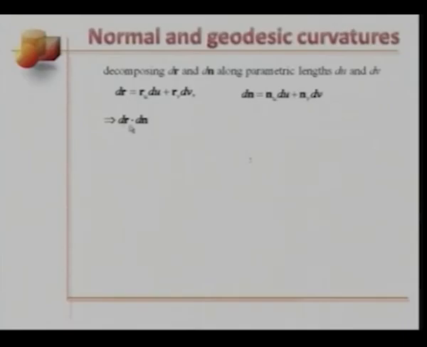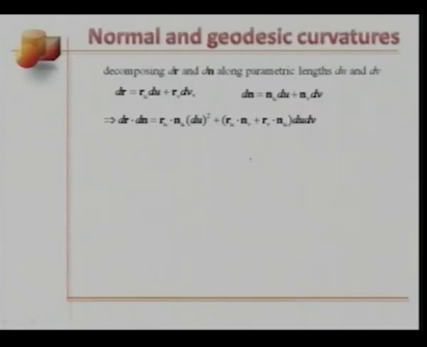Now dr dotted with dn, the numerator in the result that we had seen before, is equal to ru dotted with nu times du squared plus ru dotted with nv plus rv dotted with nu times du dv.